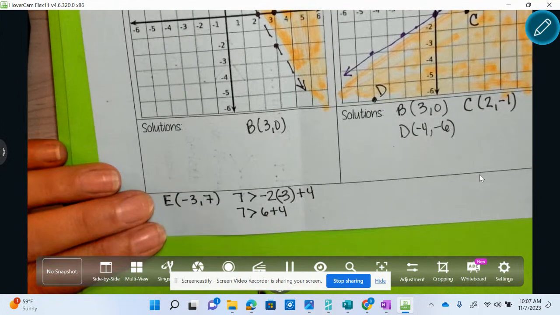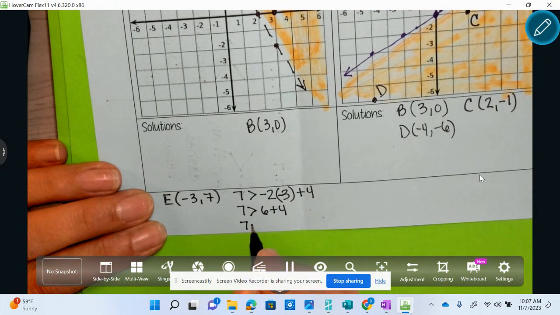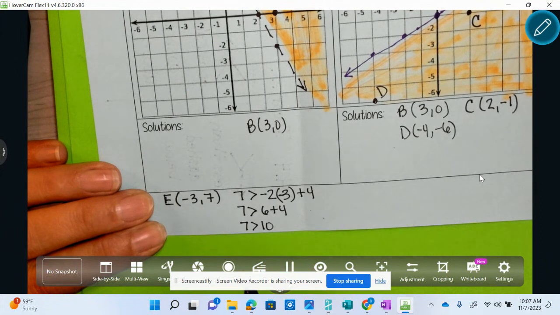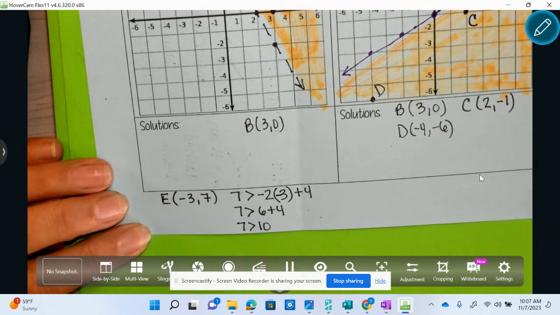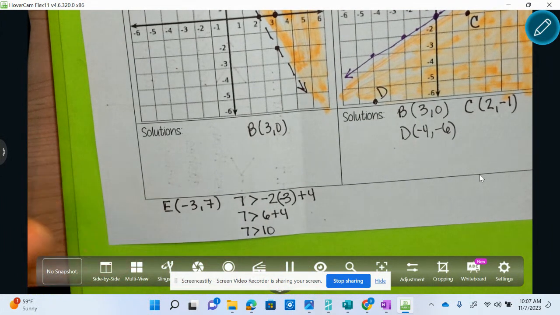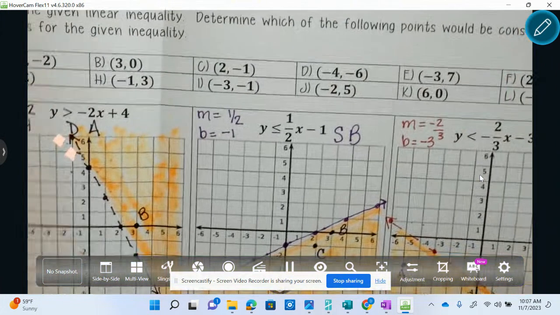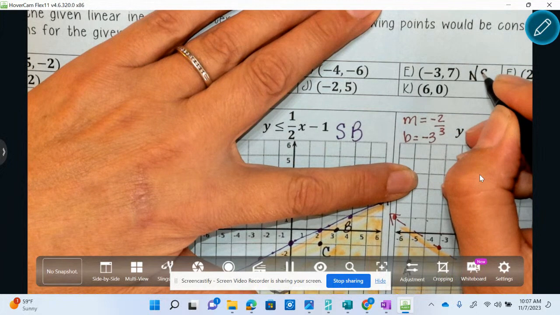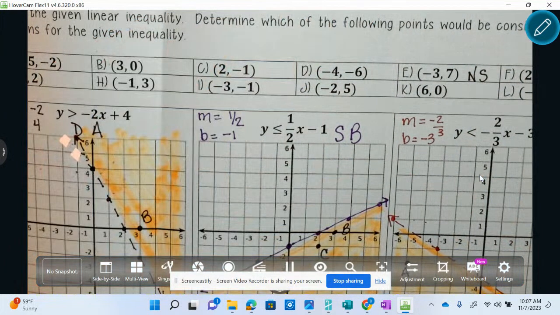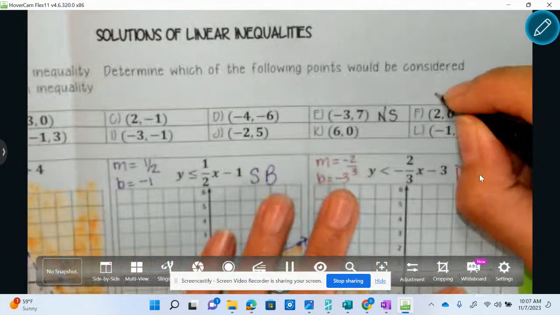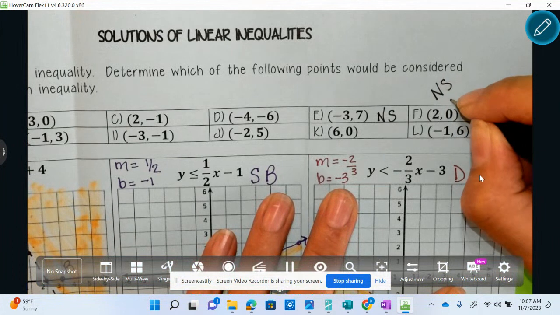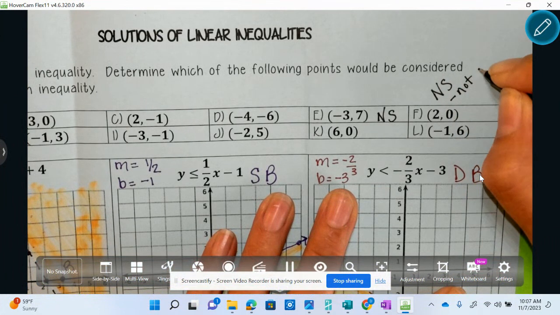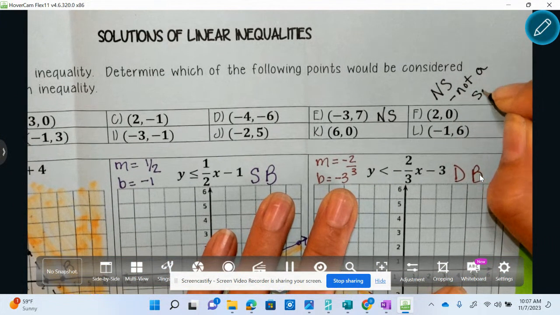But what is 6 plus 4? Is 7 greater than 10? No. So where does E belong? It doesn't belong anywhere, right? So I wrote NS, not a solution. I'll put a little note up here. NS means that it's not a solution.